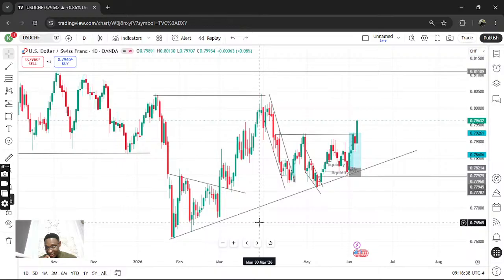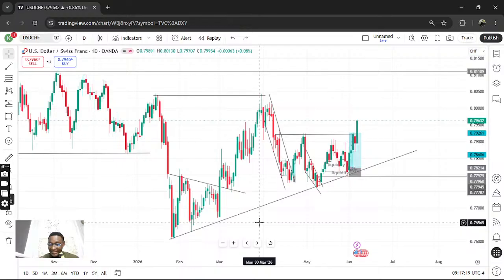But if you look at Euro USD, the base currency in Euro USD is Euro. So that's why if DXY is strong, Euro is going to be weak.